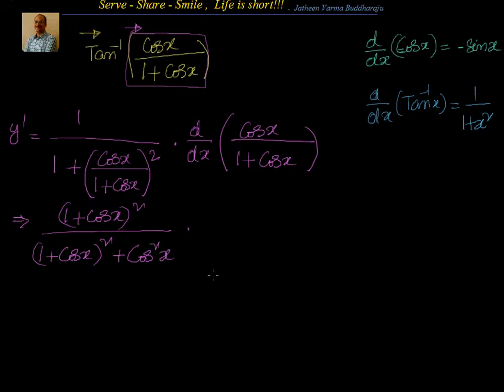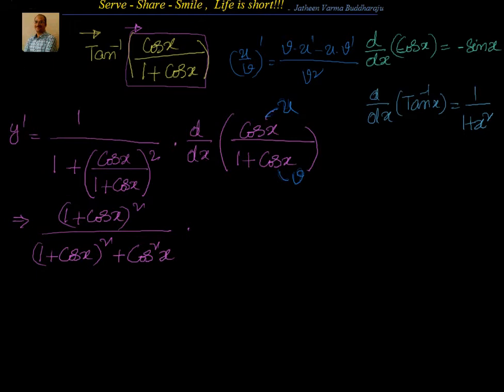Now that I have to multiply with d by dx of cos x by 1 plus cos x, which is in the form of u by v, u and v, and you know the formula, u by v differentiation is v square, v into u dash minus u into v dash.